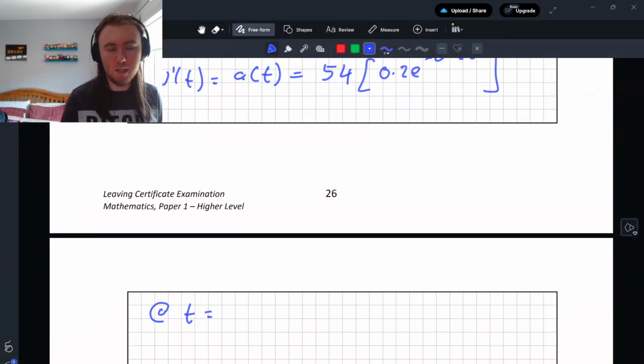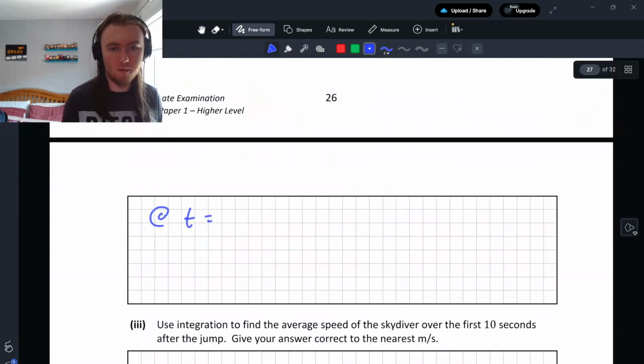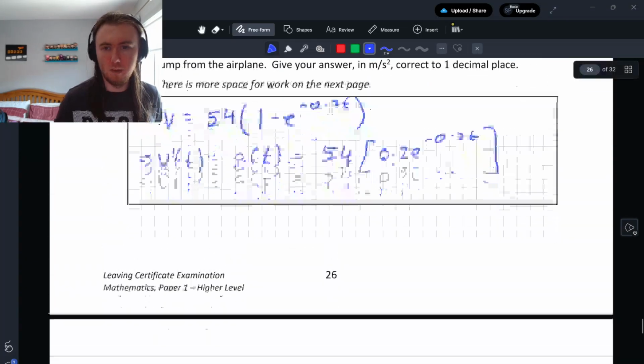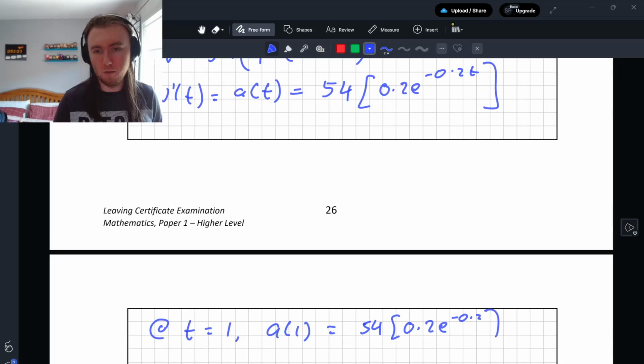Then at t equal to 1, a of 1 is just 54 times 0.2 e to the minus 0.2.